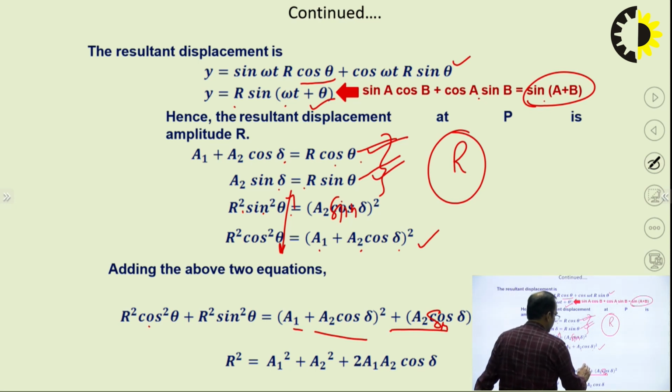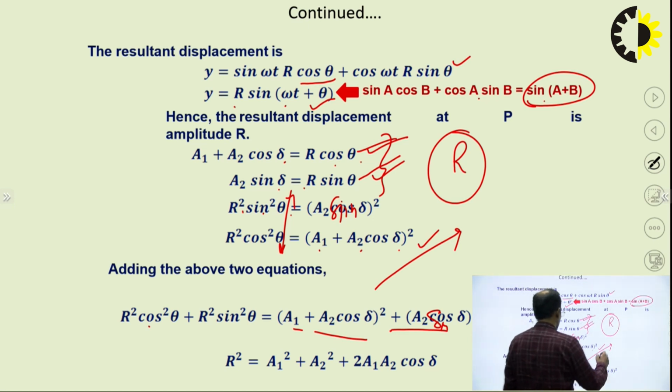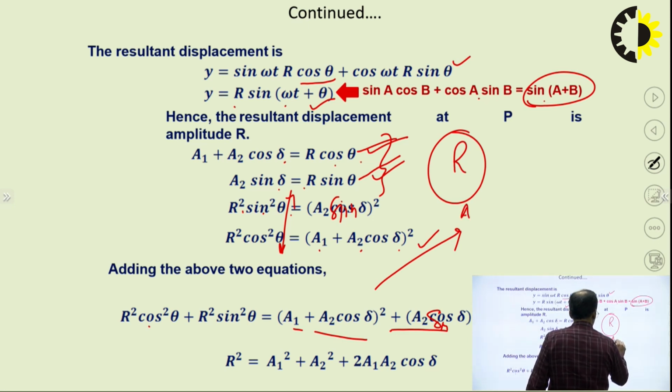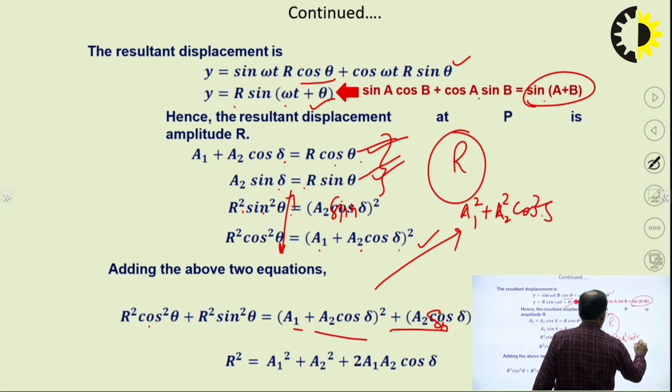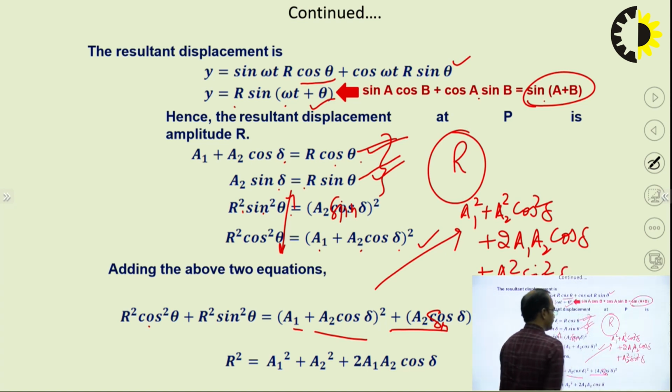So what will you get here? When you expand (A1 plus A2 cos delta) whole square, you get A1 square plus A2 square cos square delta plus 2 A1 A2 cos delta, plus A2 square sin square delta.